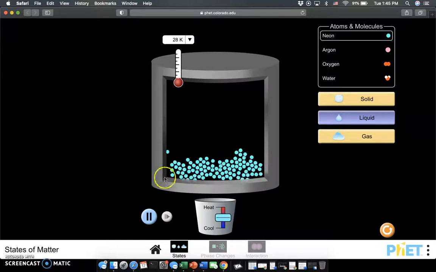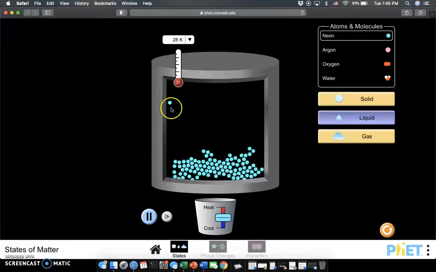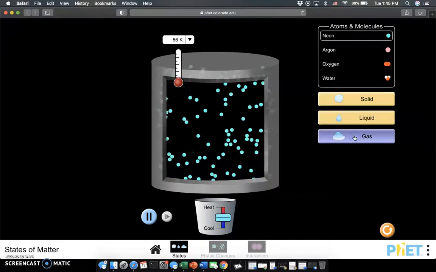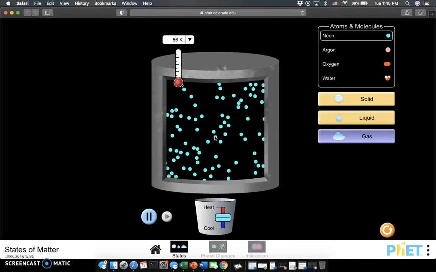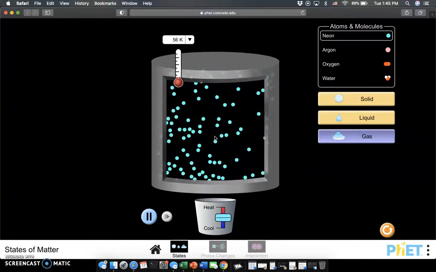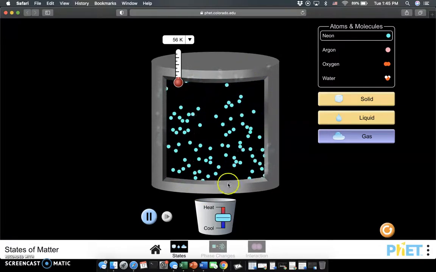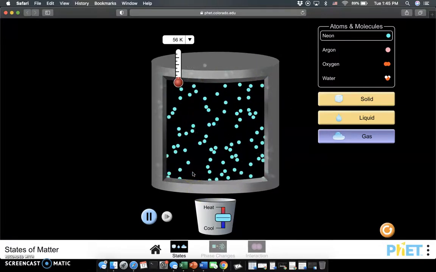They're kind of freely moving about. And you see even one just became a gas. I can click on gas, and now you notice that the atoms are moving a lot more. They're bumping into each other, and they just keep moving around.